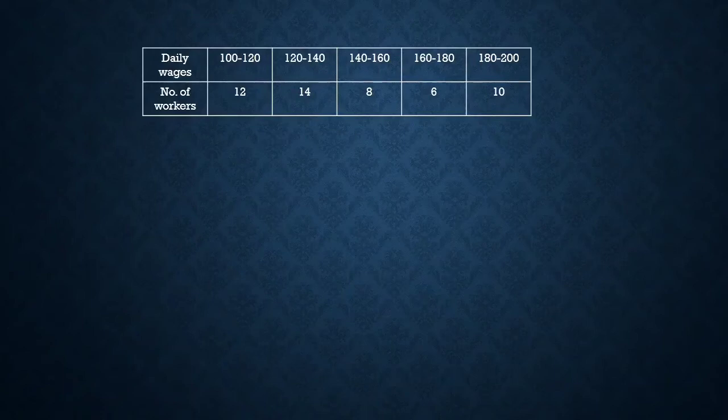So, look at the frequency distribution table. The first row tells us about daily wages: 100 to 120 rupees, 120 to 140 rupees and so on up to 180 to 200 rupees. And the second row tells how many workers get the corresponding money as their daily wage.